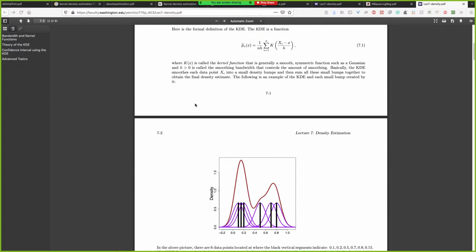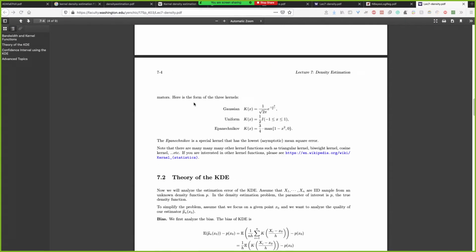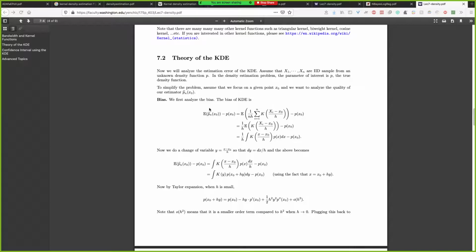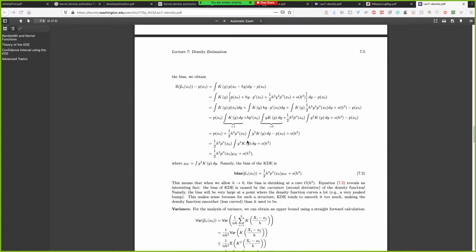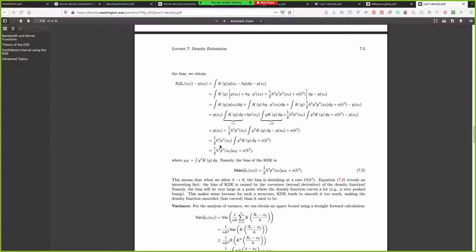Okay. Anyway, this is basically the proof for the KDE stuff. Slightly different, like I said, he doesn't take it as weight times yi. He takes it as the bias of this estimator, which means the expected value minus the true value, and then he solves for that, and he gets a term which is similar to basically what we're talking about: P of x, P dash of x, P double dash of x, and O of h square.